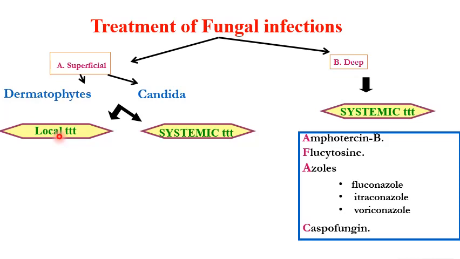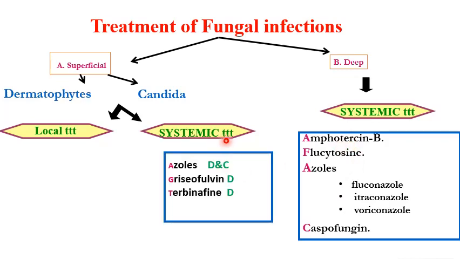If these drugs fail to eradicate the fungal infection, we can shift to systemic treatment. But in deep fungal infection, we start with systemic treatment from the start. For superficial fungal infection, for systemic treatment, we can also use azoles, as azoles are like a joker, broad-spectrum antifungal drugs used by many routes. Azoles are used for dermatophytes and candida as they are broad spectrum.